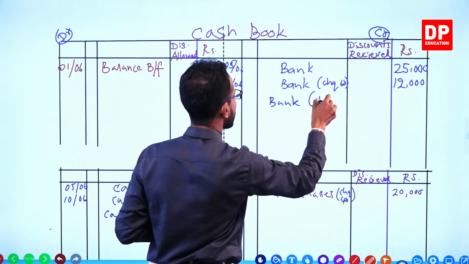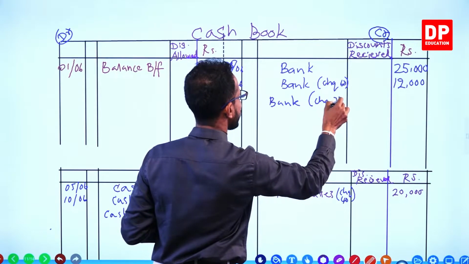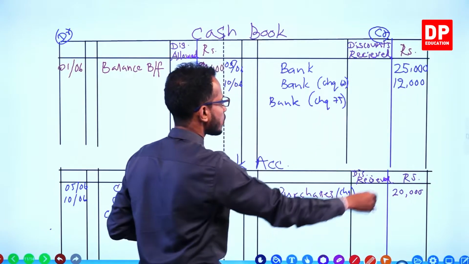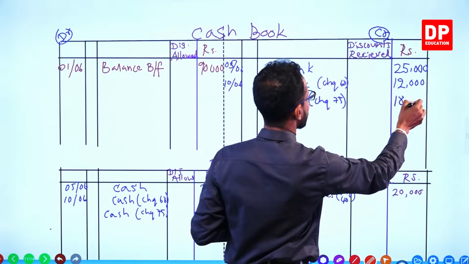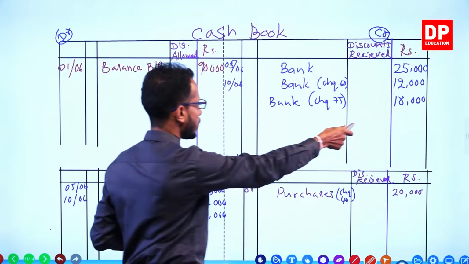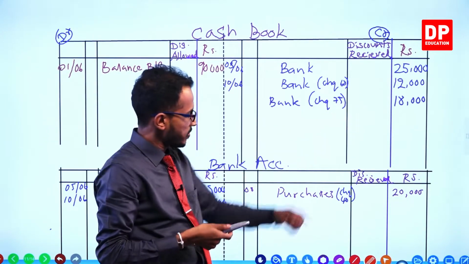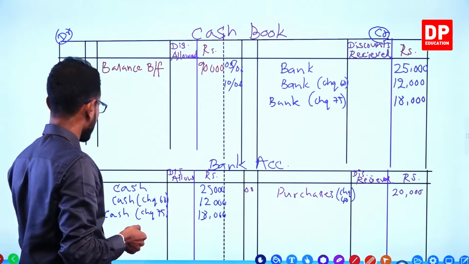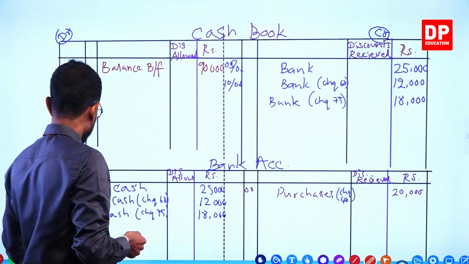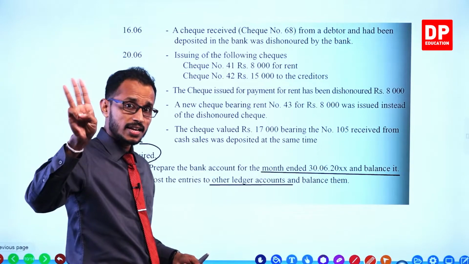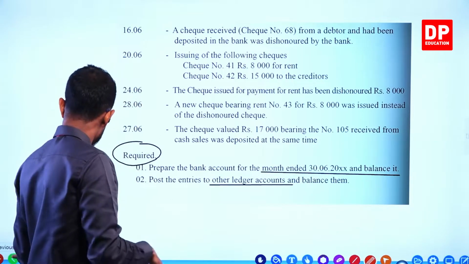Check 75, 18,000. Double entry correctly done. Okay. Double entry recorded. Next check. There were 3 checks as I can remember. What is the other?